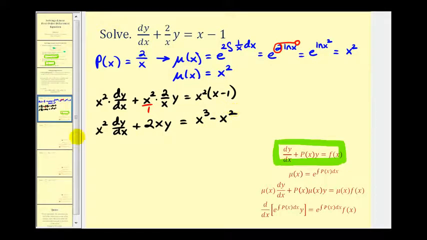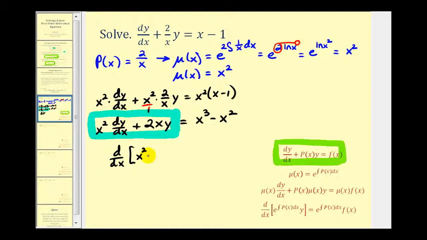Now that we've multiplied by the integrating factor, what's special about this is that the left side of the equation, this side here, is now equal to the derivative of the integrating factor, which is x squared, multiplied by y. So let's go ahead and check this by applying the product rule.